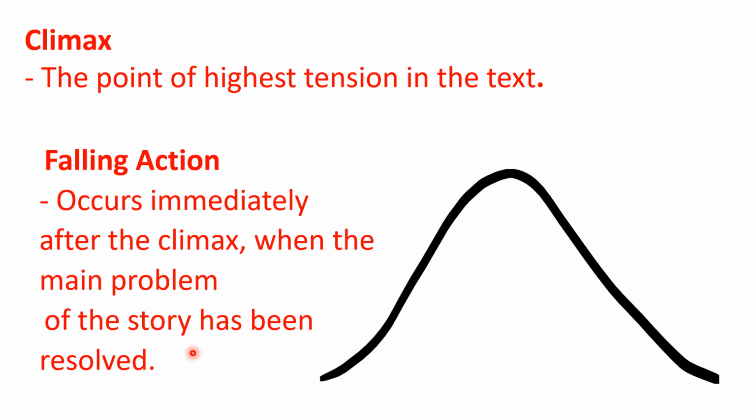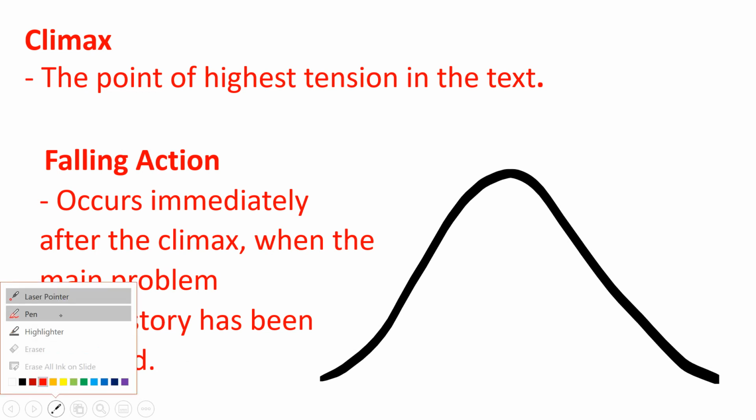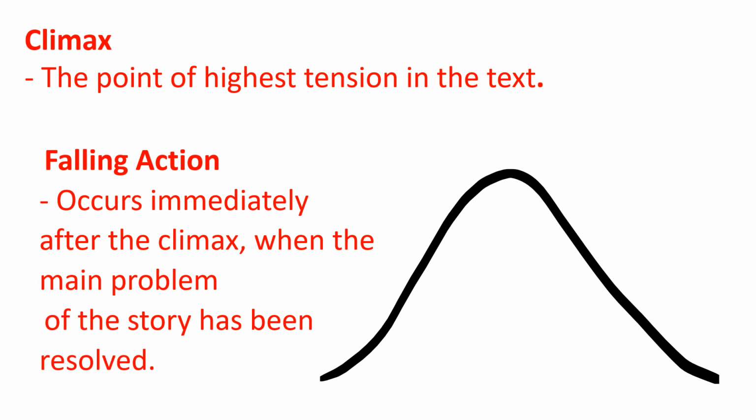So if we go back to our story arc, we can plot these new parts of our story. So we know at the beginning the first step is, you should have remembered, the exposition. And then after the exposition we have the rising action, which is the build up to the most important part, which we now know is the climax.